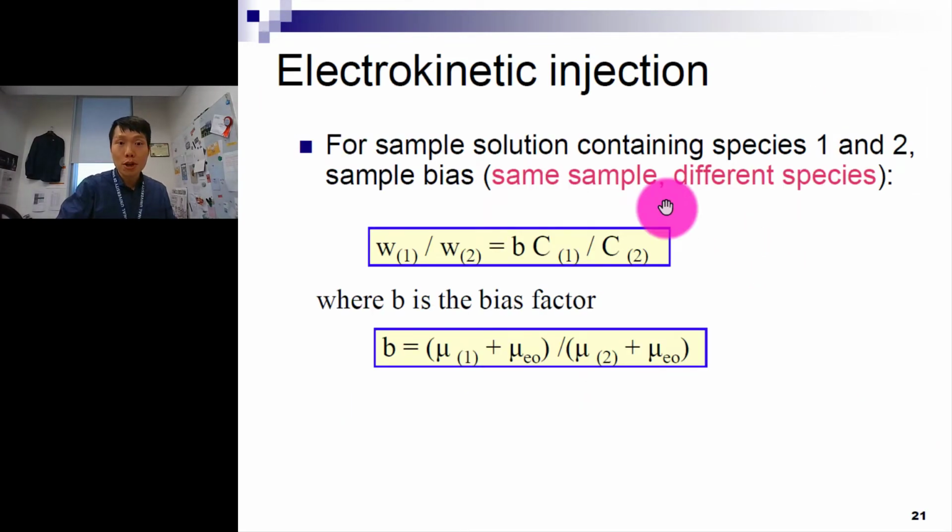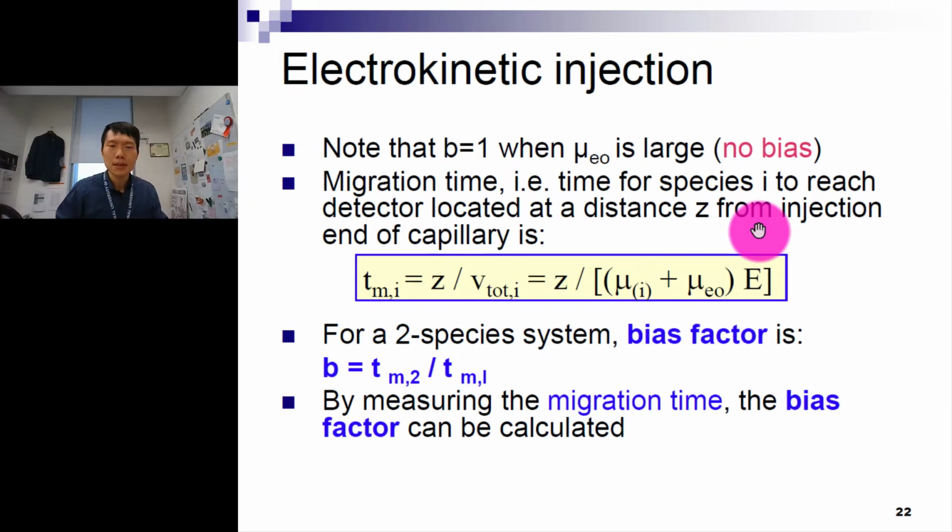So these are some equations to understand the bias factor, just to level it. Open book exam, you can refer to this to do some simple substitution. Just note that this bias factor is equal to 1 when the electroosmotic flow mobility is large. That means there's no bias.